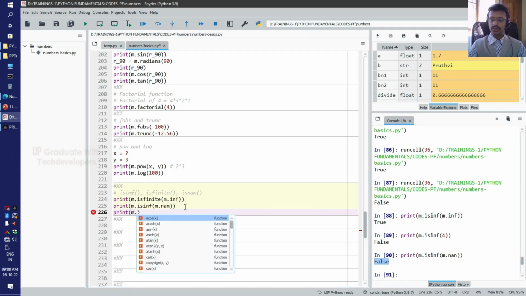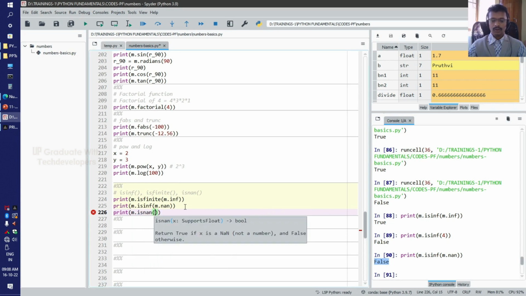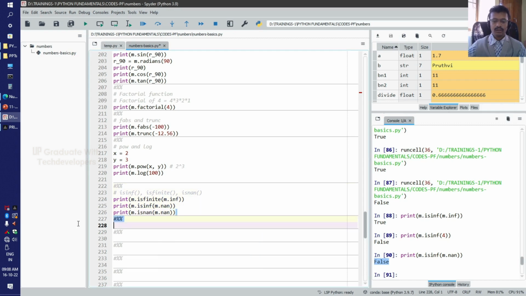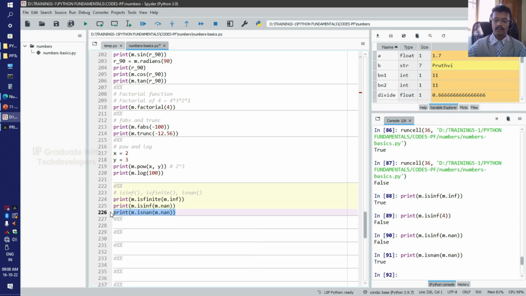Inside that, let us use nan, not a number, first, and then check what it results. It results in true because not a number is checked with isnan. Yes, it is not a number, so it results in true.